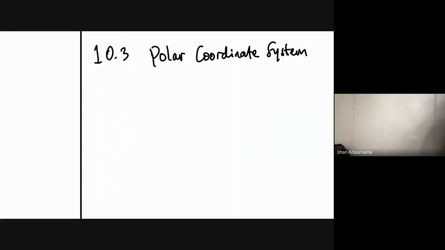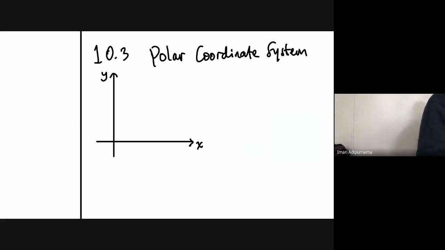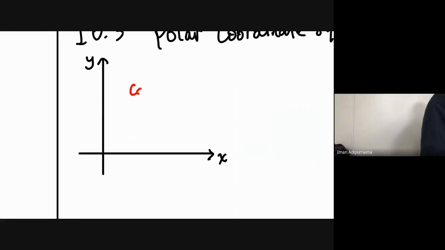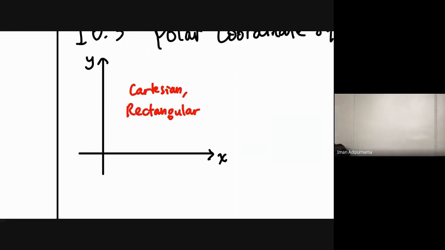Before you learn that, you have axes like this, and you name this y and this x, right? We say sometimes the Cartesian, or sometimes we say rectangular. Why do we say rectangular?